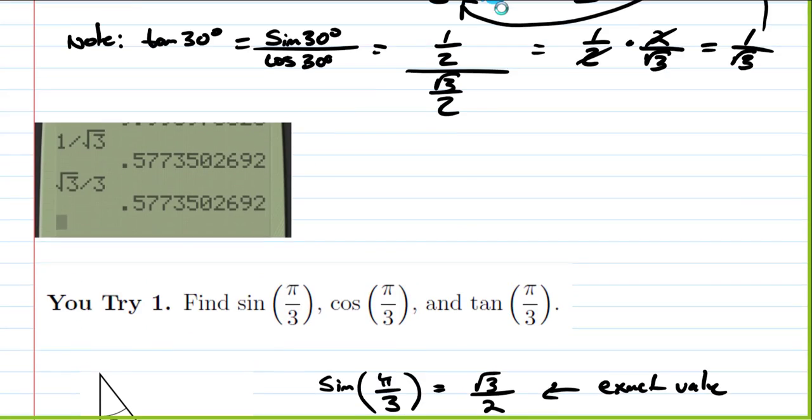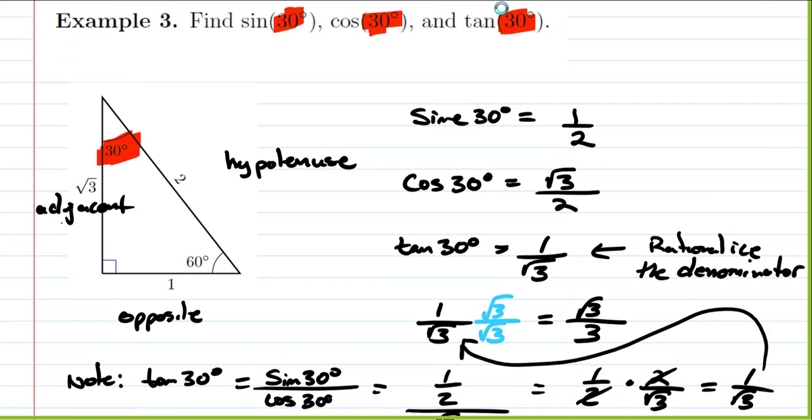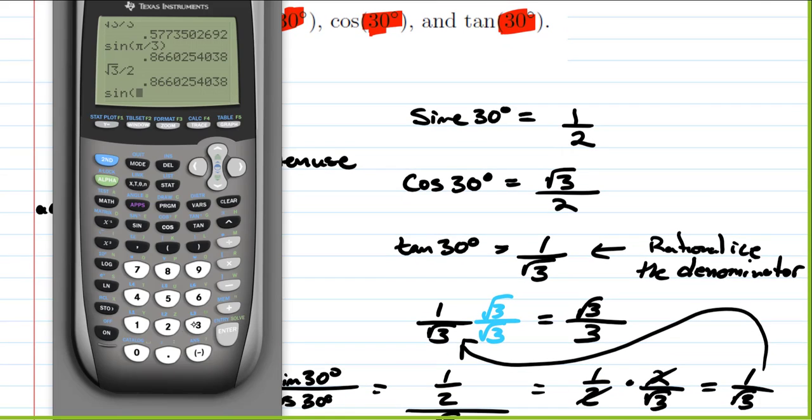So if we go back to the previous example, when we were doing things like sine 30 degrees, if I type sine 30 into my calculator, what do I get? Well, negative 0.98803. What was I supposed to get? 1/2. This is because my calculator is in radian mode, not degree mode.